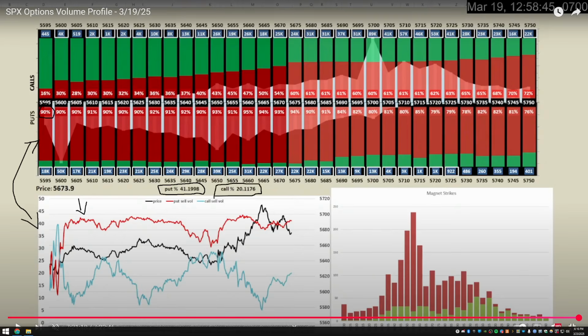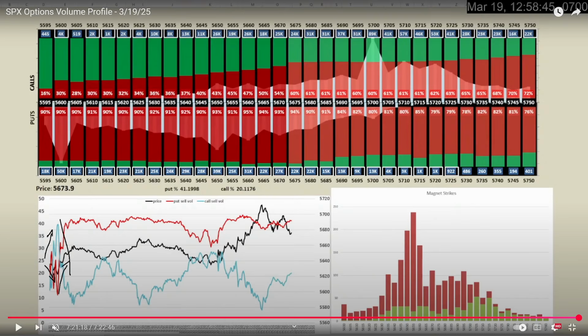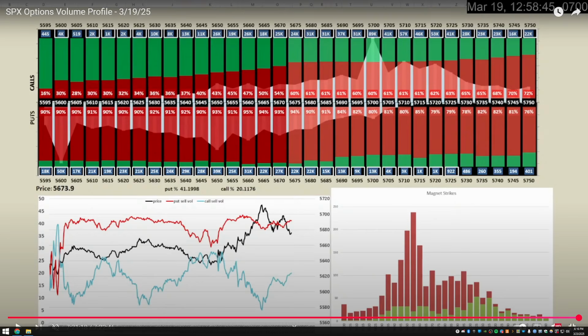You can see in the morning the price action kind of had the seesaw, but when the sell percentage went up, the price dipped, and then consequently a bunch of puts sold, which made the price go back up. And when that happened, a bunch of calls started buying, and we ended up with the black line going up, which is price.